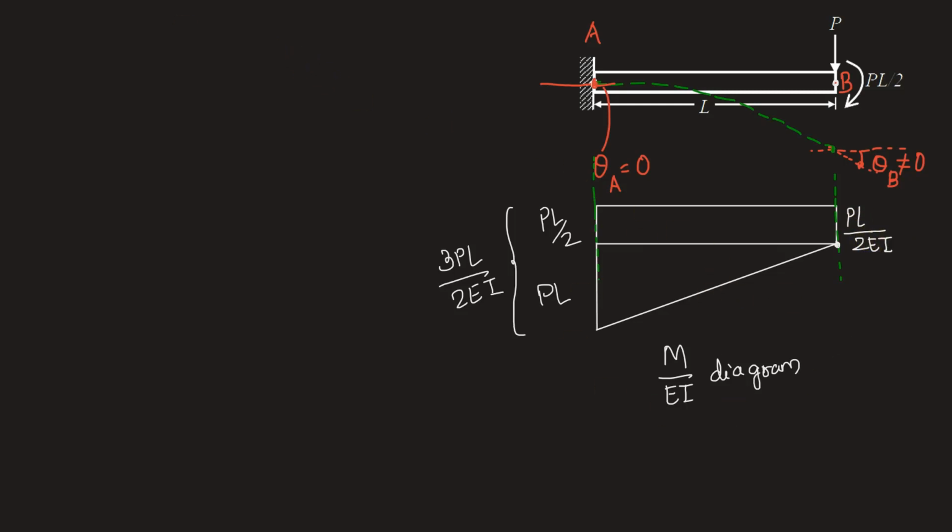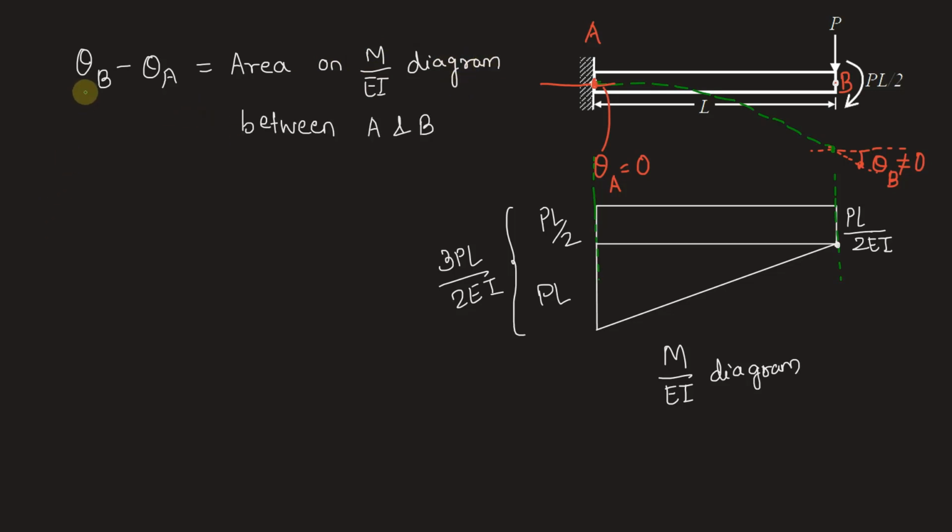Now using the moment area theorem, the first moment area theorem, we have theta B minus theta A will be equal to the area on the M by EI diagram. Of course, only between the points A and B. So we have theta B is non-zero, theta A is 0, and theta B is what we have to find. It is equal to the area of this diagram, which will be the area of this trapezium.